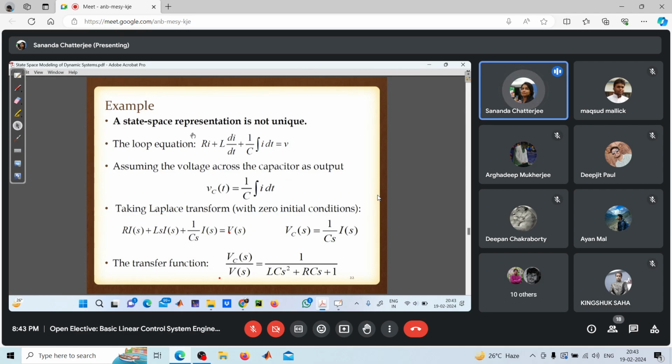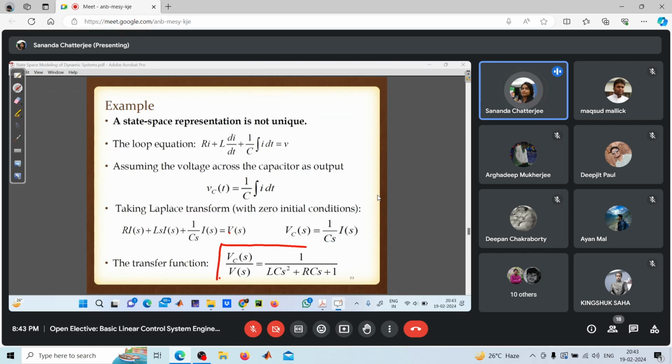If you have gone through the transfer function model, you will be able to relate to this equation. This is the transfer function representation of the system, where we are taking the V out as the voltage across the capacitor. This is the relationship between the voltage across the capacitor and the input voltage.